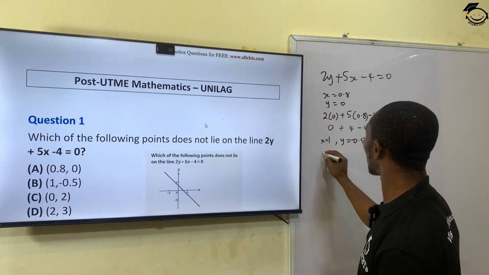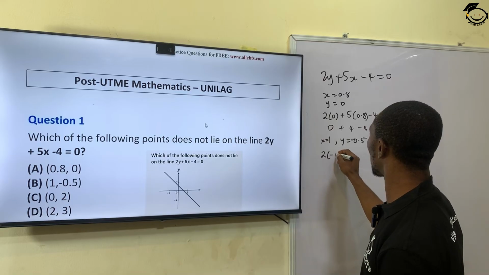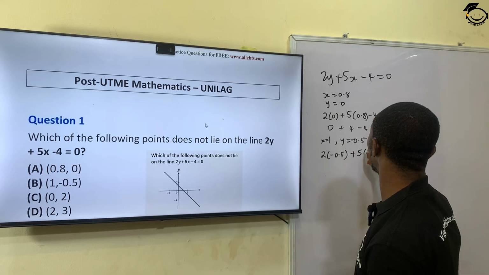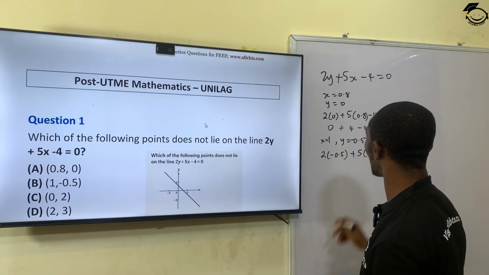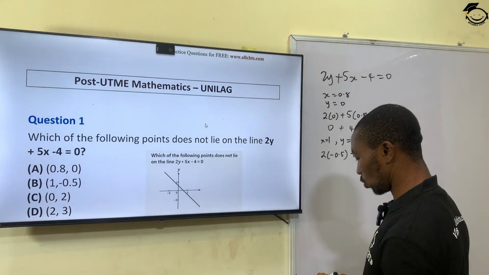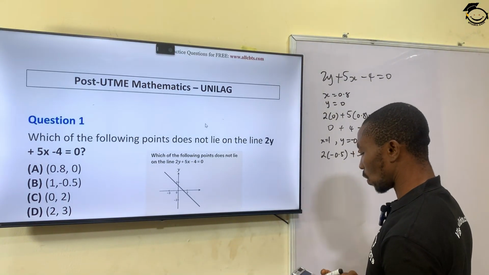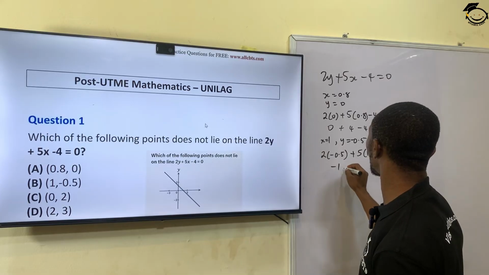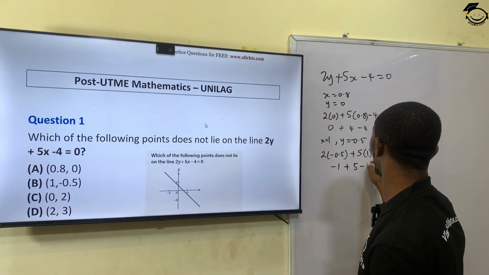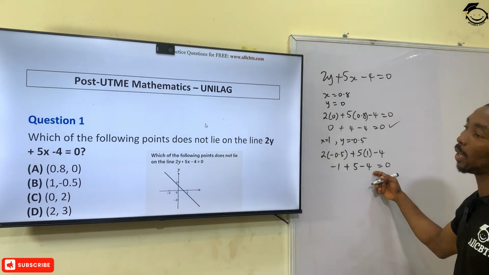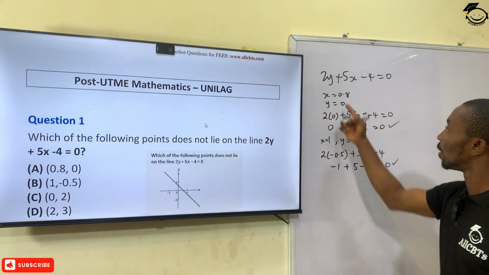So this becomes 2(-0.5) plus 5(1) minus 4. So 2 times 0.5 would give us 1, so this becomes minus 1 plus 5 minus 4, which gives us 0. So option B also lies on our line.